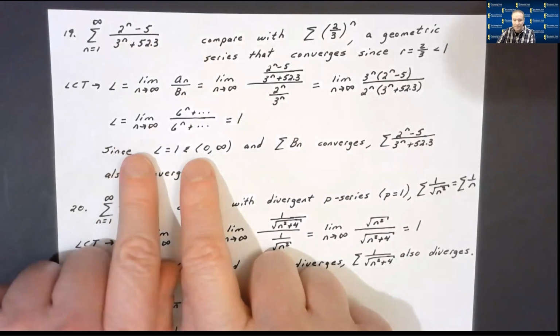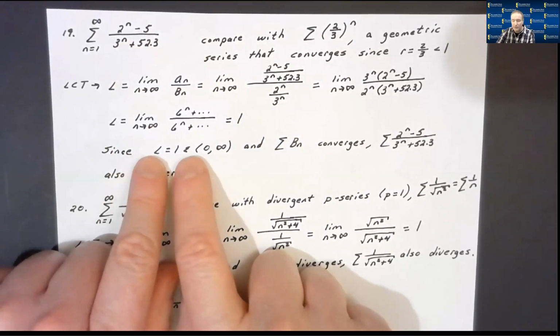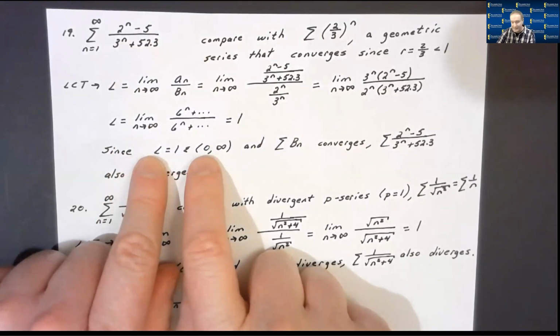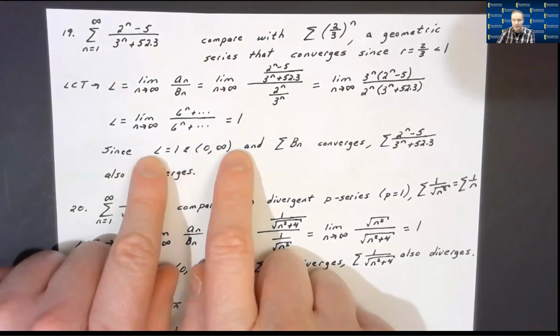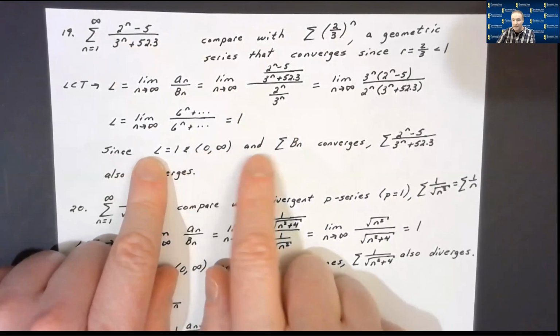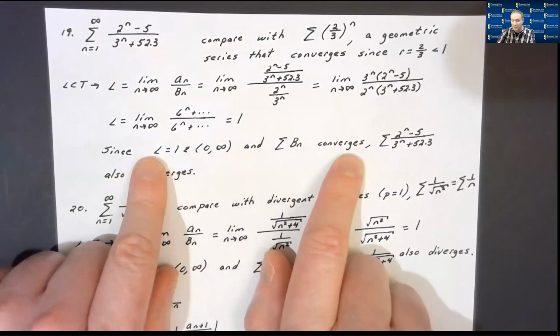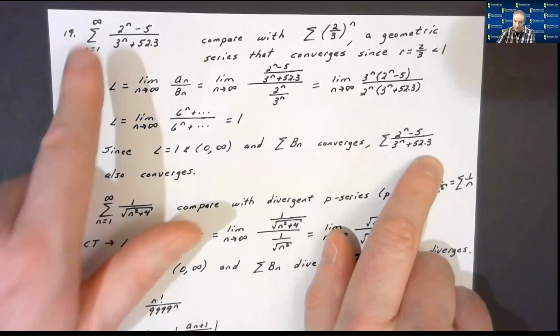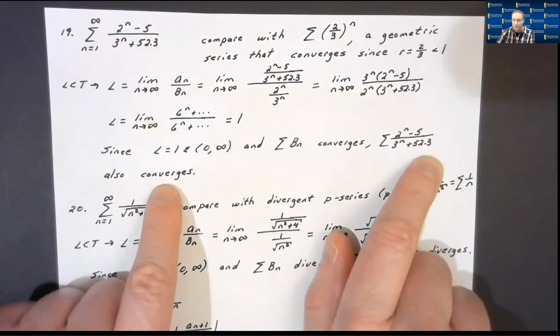So we say, since the limiting value is 1, which is a finite number between 0 and infinity, I just showed that 1 is between 0 and infinity, and the series B sub n converges, then the series in question up here also converges.